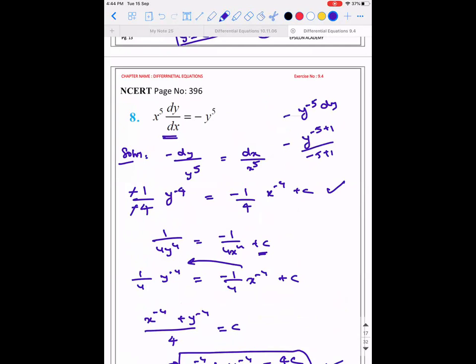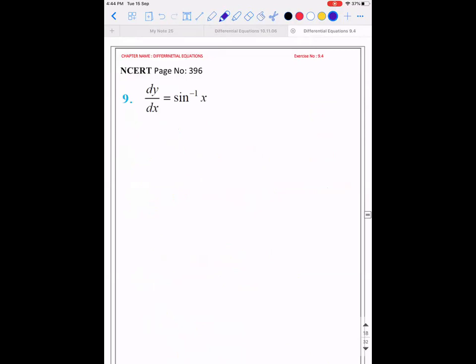Moving on to the next one. So dy by dx is equal to sine inverse x. dx.